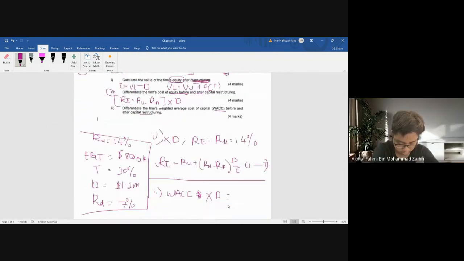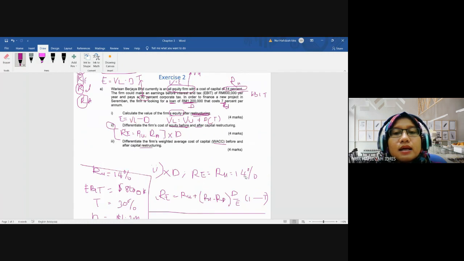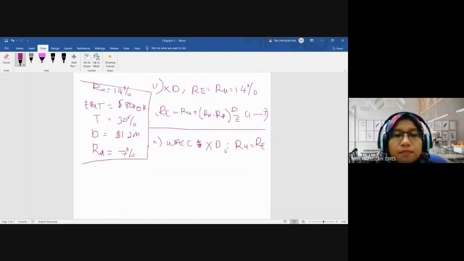Dia tak ada debt, so dia akan jadi RU ataupun sama dengan RE. Because ini dia cakap dah, the cost of capital without debt. So WACC without debt, ni ada tulis dah, dia akan sama dengan RU sama dengan RE without leverage, 40%.